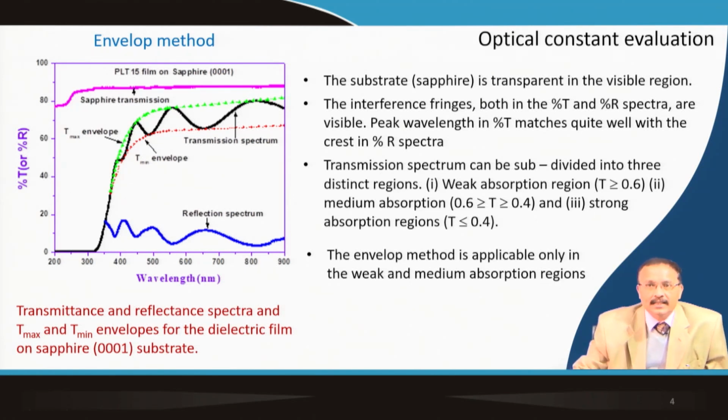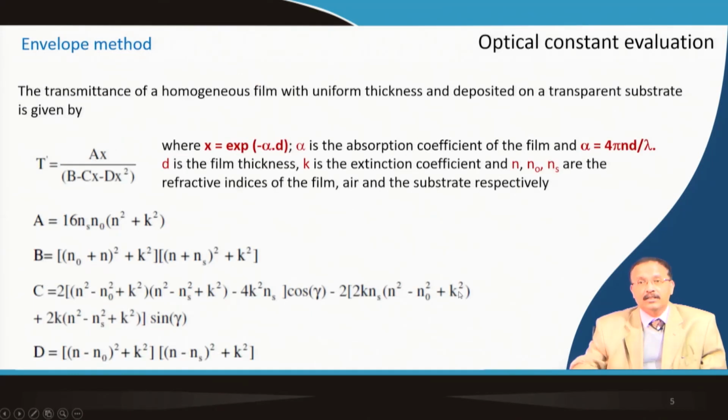In this case I am assuming that I have deposited a dielectric film on a transparent sapphire substrate, and sapphire is single crystalline in nature, and the orientation is along its basal plane, that is 0 0 0 1, it is a hexagonal system, so 4 indices are required for this.